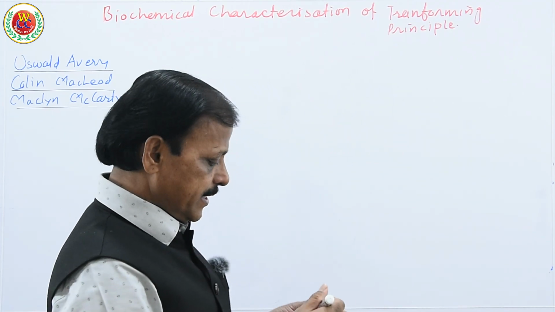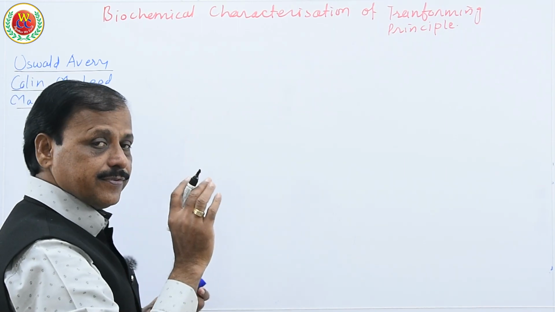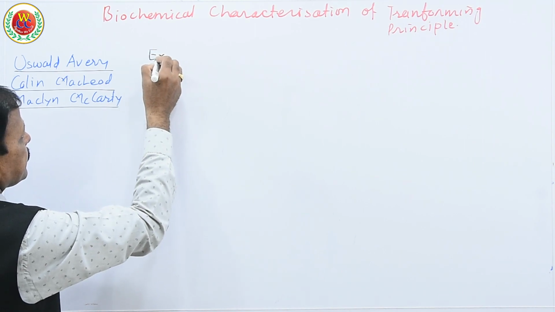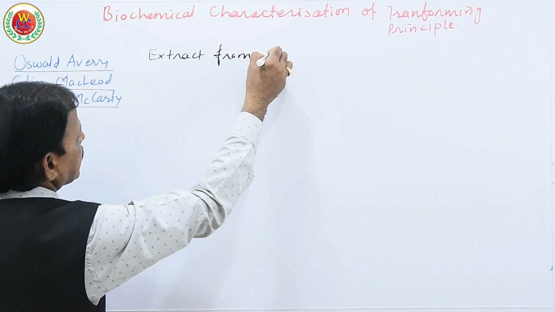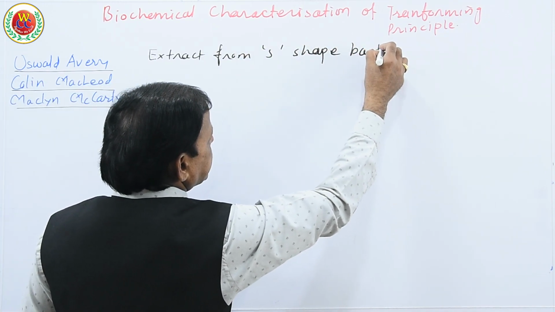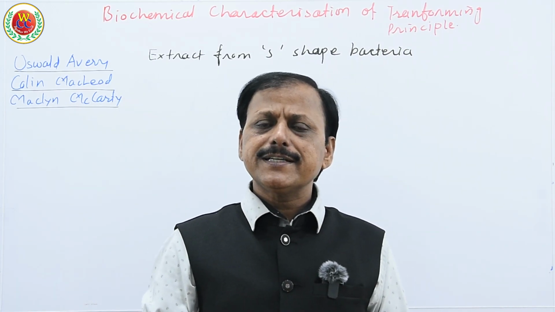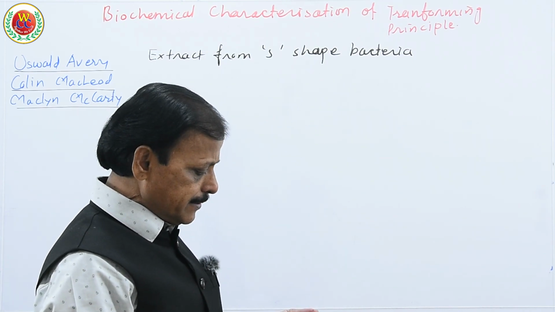What did they do? They made an extract of the S-shaped bacteria. Why? Because they were supposed to prove that DNA is the genetic material and not protein, RNA or any other principle present inside the heat-killed bacteria.